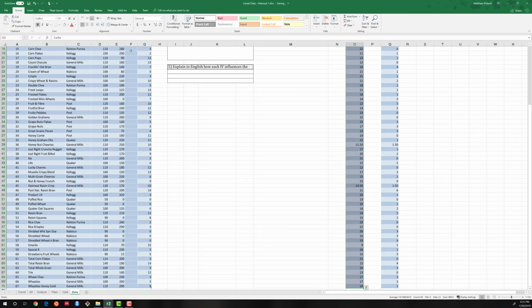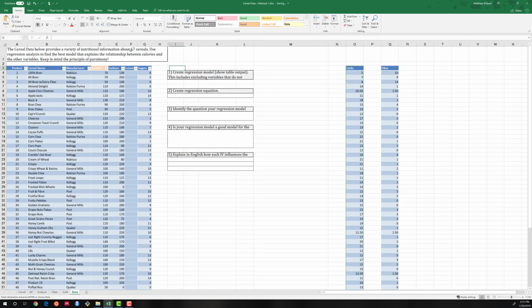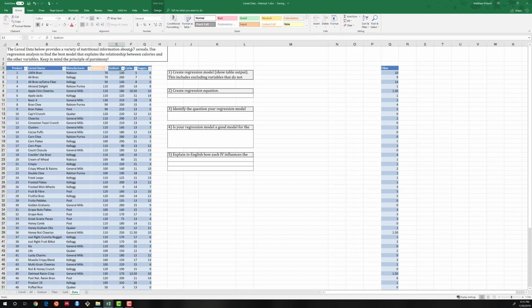Let's put carbs back in. But this time, we're going to take sodium out. And since carbs and sugars are right next to each other, I don't need to move sodium. We're going to go ahead and take sodium out. And you'll see that we have to compare the adjusted r-squared with its closest nested model.